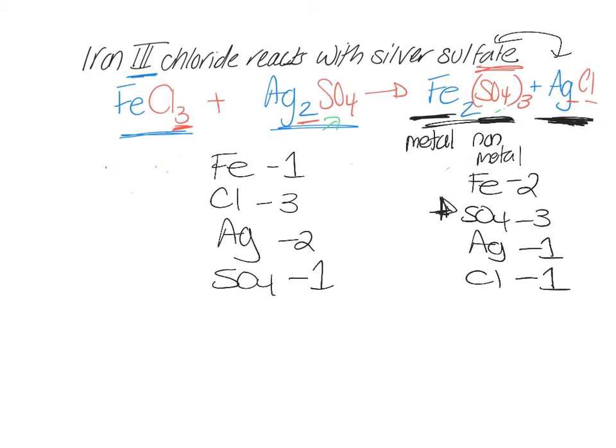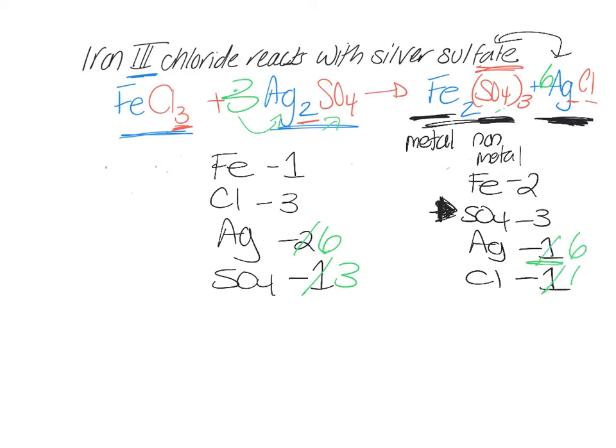So there are 3 SO4 groups. So I'm going to put a 3 in front of here. That also changes this now. So I have 3 times 2, so that is 6 silvers. So in order to get 6 silvers over here, I'm going to put a 6 in front of here.